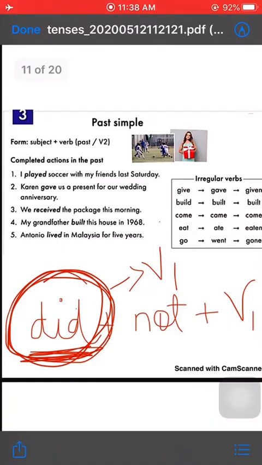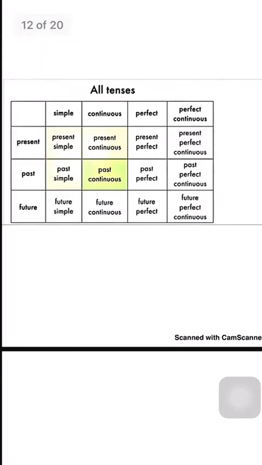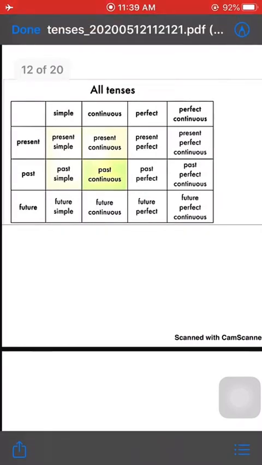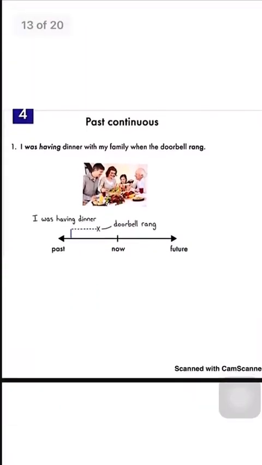Okay, now let's move forward. Now we are moving forward to the past continuous. Let's move to the past continuous.